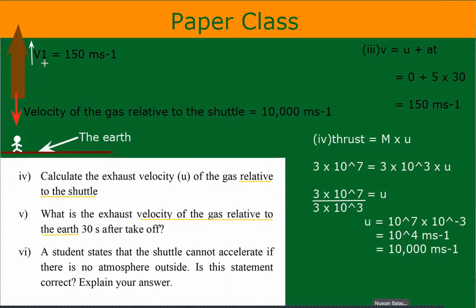So my question is, what's the practical meaning of the velocity of the gas relative to the shuttle? Somebody give a try. The velocity of the gas as observed by a person in the shuttle.